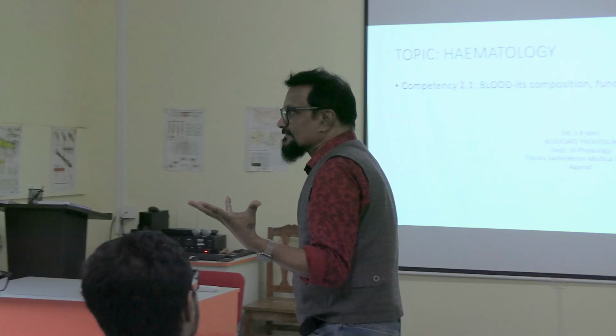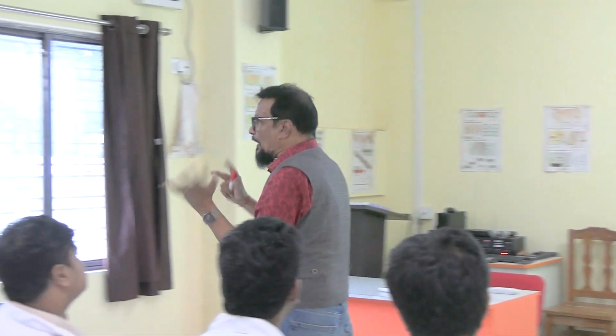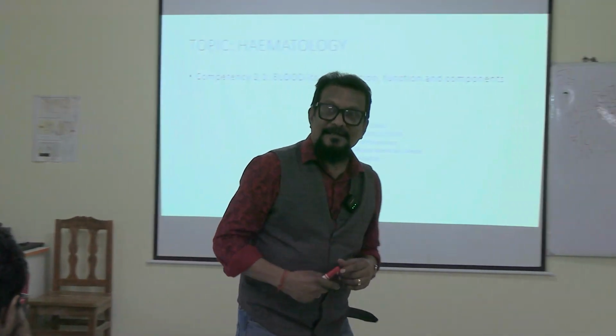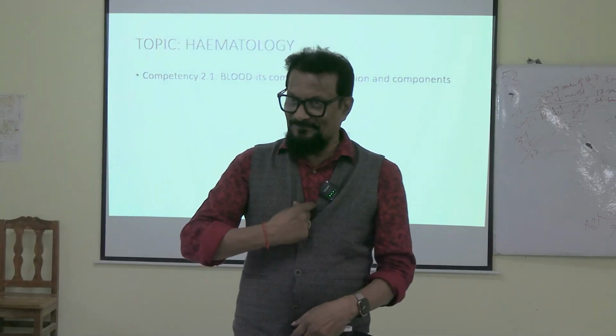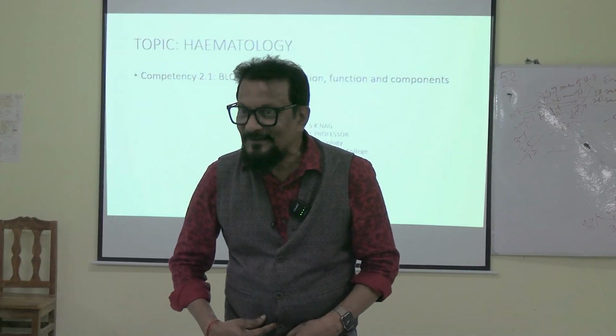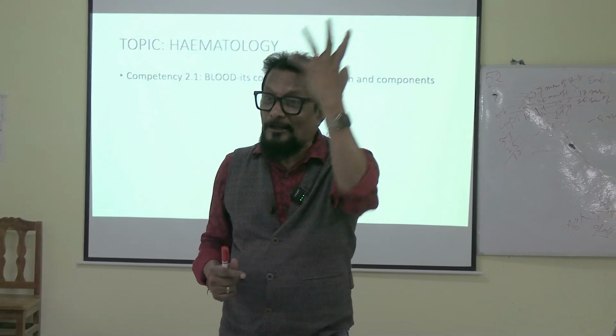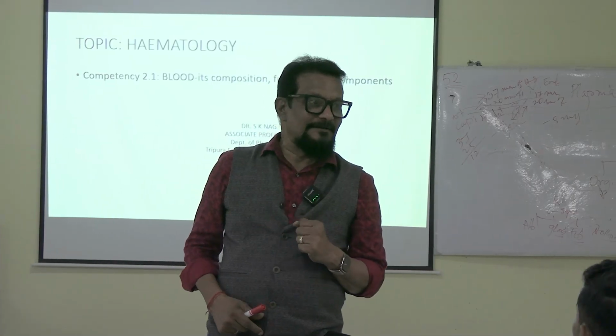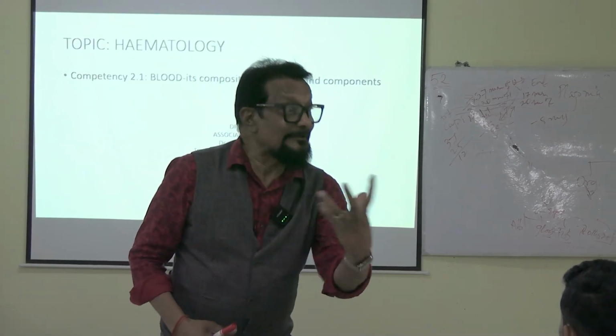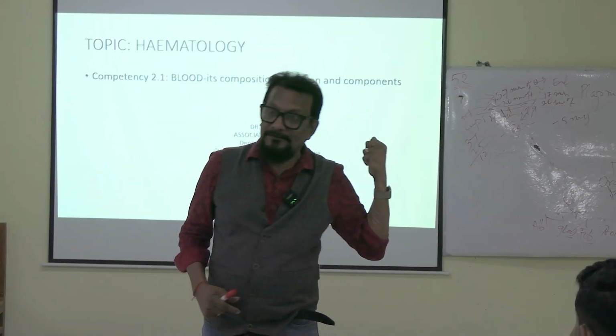We take fats, and these fats are again complex, so they have to be simplified into fatty acids and glycerol. How will this be done? How will it become simplified? That's why we have a digestive system, whose function is to simplify all these complex materials into simpler forms so that they are absorbable.